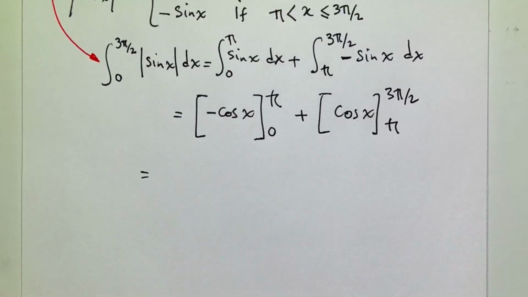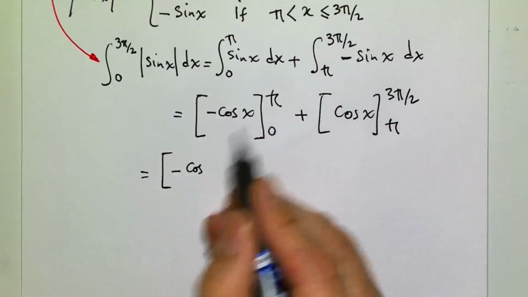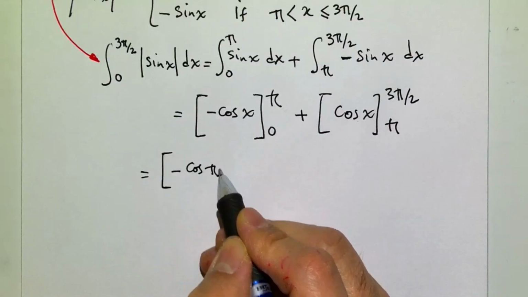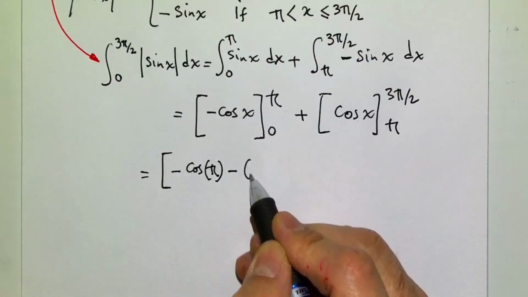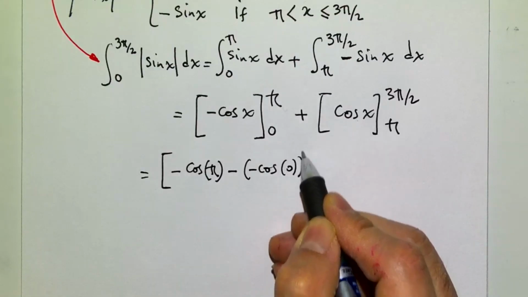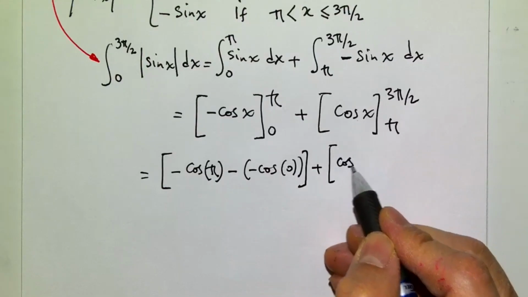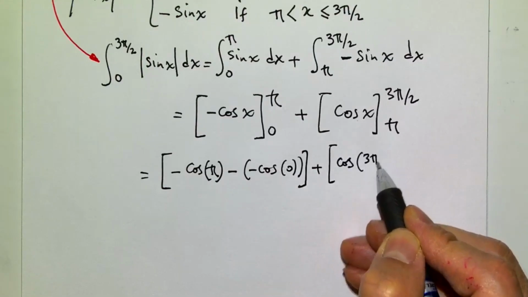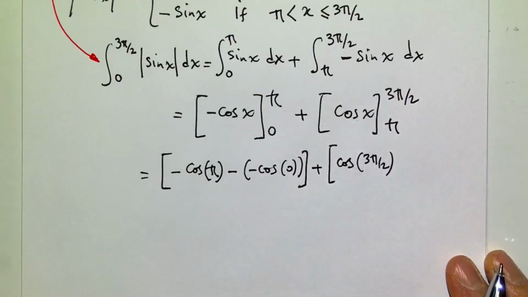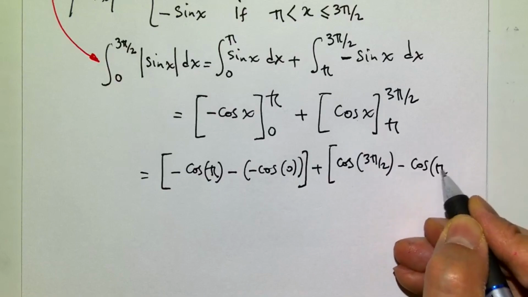So let's plug in. We have minus cosine of pi minus cosine of 0 plus cosine of 3 pi over 2 minus cosine of pi.